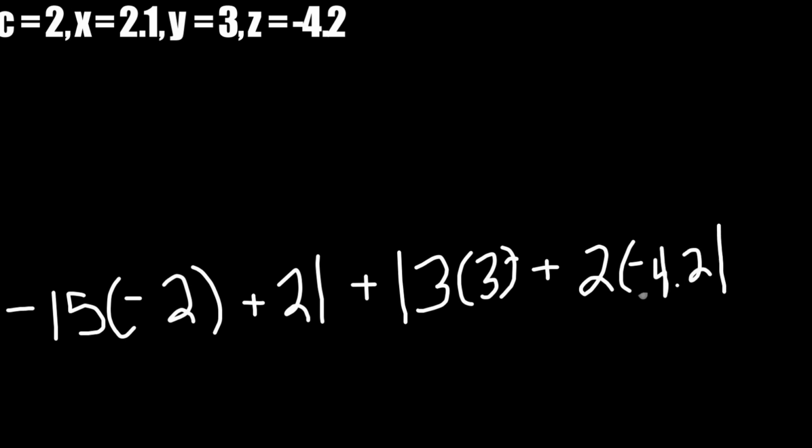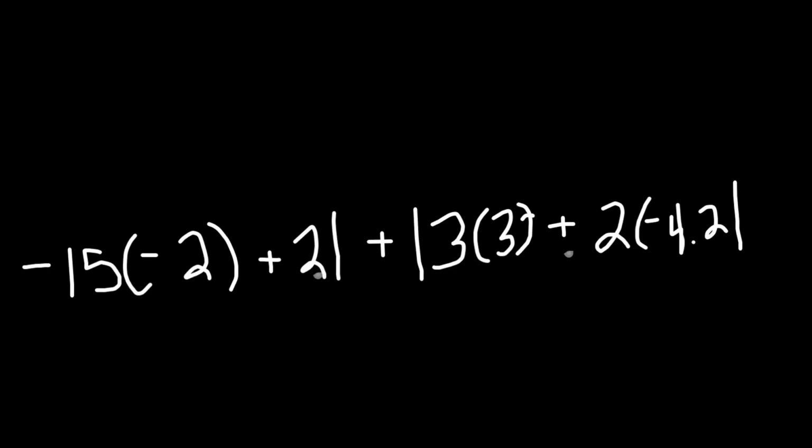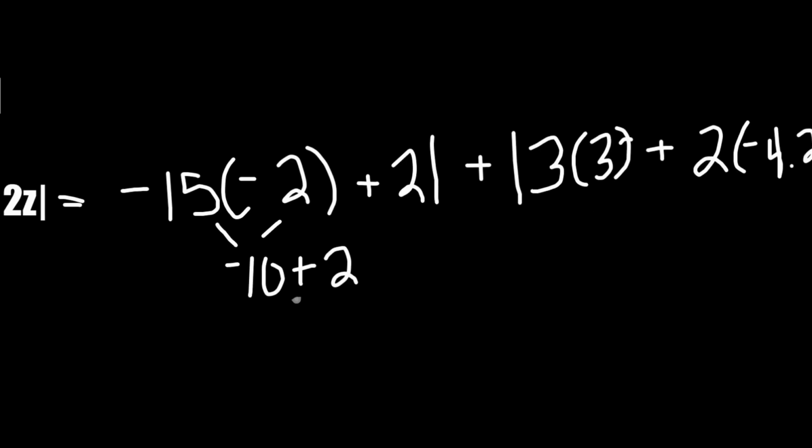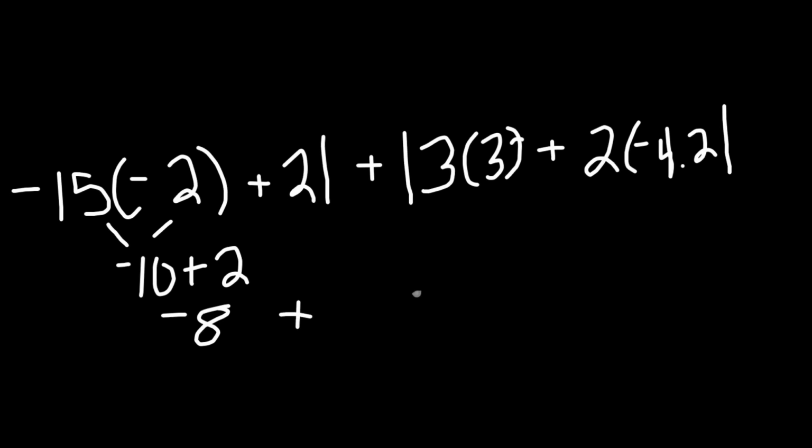Now let's solve. So 5 times negative 2 is negative 10. Negative 10 plus 2 equals negative 8. And that will remain negative 8 because even though the absolute value of negative 8 is 8, we have a negative in front of the absolute value. So that will be negative 8 plus, let's solve this side. 3 times 3 is 9 plus 2 times negative 4.2, which will be negative 8.4.